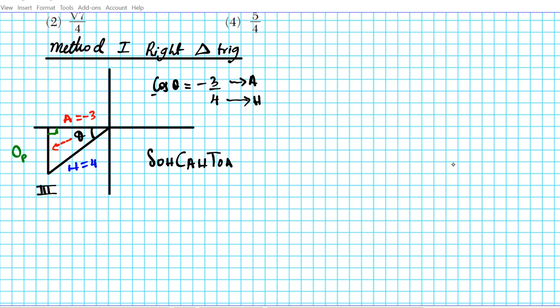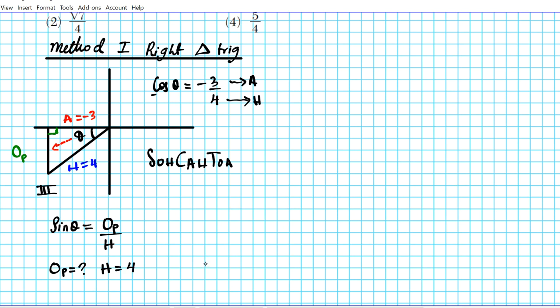SOH basically means that sine theta is equal to opposite over hypotenuse, O over H. We know that our opposite is unknown, but our hypotenuse is 4.